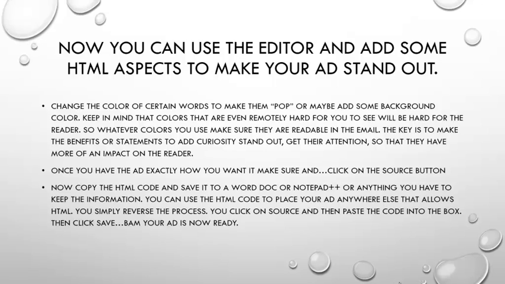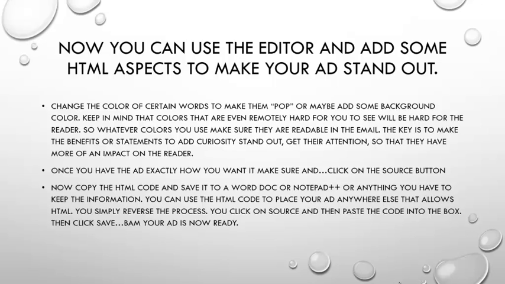Copy the HTML code and save it to a Word doc, or Notepad++ would be even better because you can save it as an HTML document in your Notepad++, which is free, by the way. And you'll always have your ad. Pretty much anything you have to keep the information will work, but having something that'll keep it in the format it's supposed to be in isn't necessarily a bad thing.